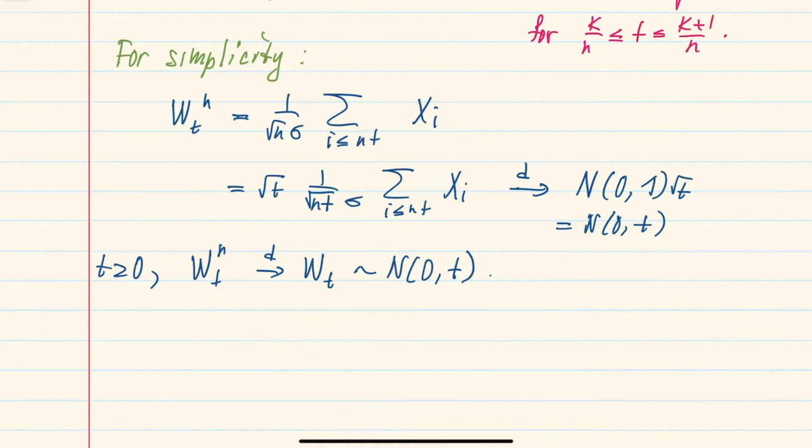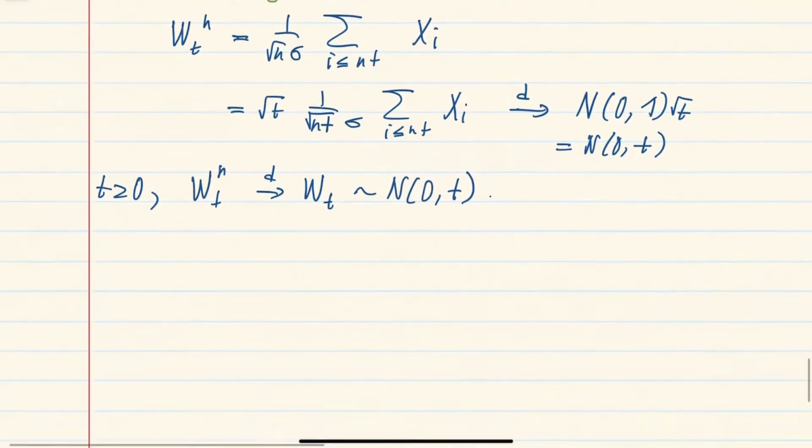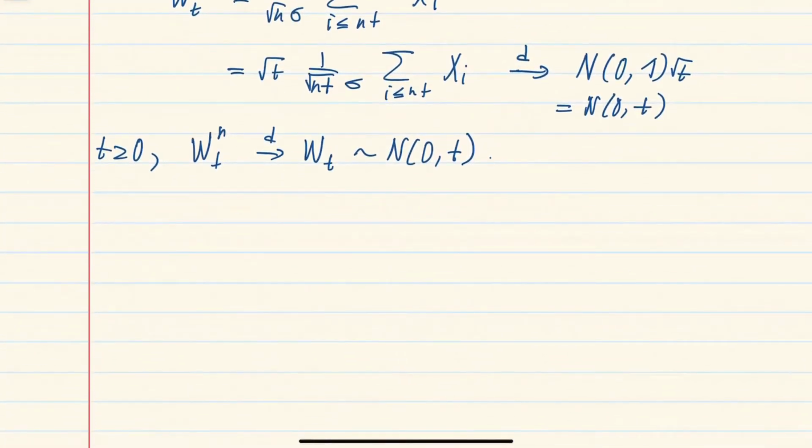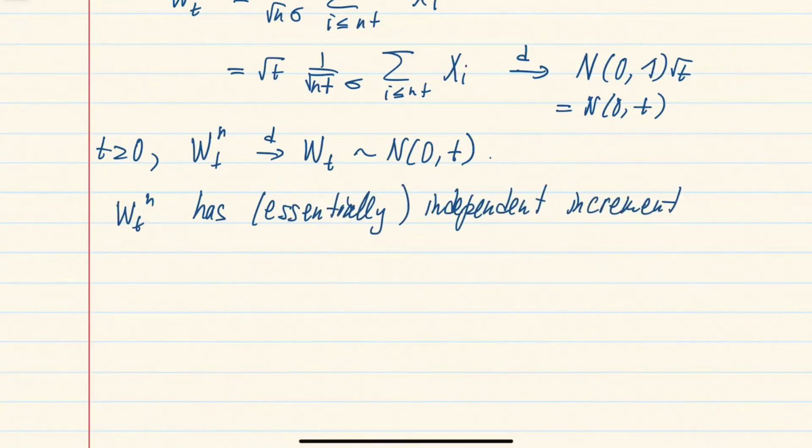The same holds for finite dimensional distributions, because if you look at the increments of this rescaled random walk, W_t^n has again essentially independent increments. Moreover, this process is also essentially stationary.